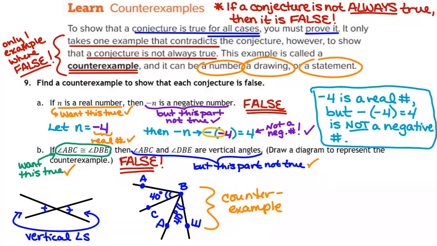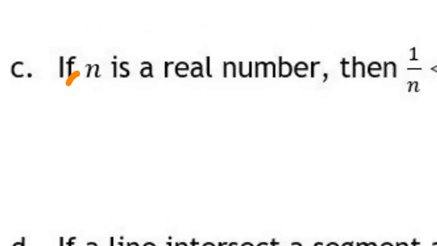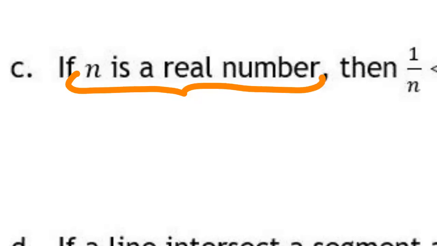Let's look at another one here. Part C says if n is a real number, then 1 over n is less than n. So I want this part to be true.